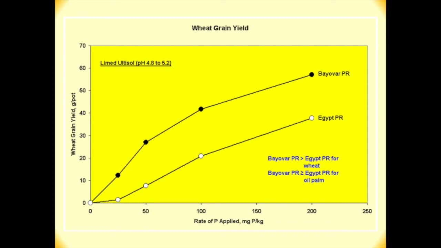No. So that's indirect comparisons. And another one, Bayovar versus Egypt, this is for wheat, grain yields. Again, the grain yields. And Bayovar is better than Egypt for wheat. Therefore, Bayovar must be greater or equal Egypt for oil palm. Mathematically, it's okay, right?